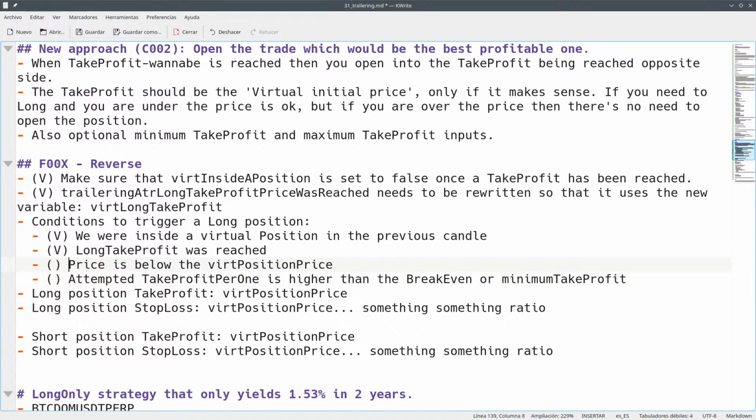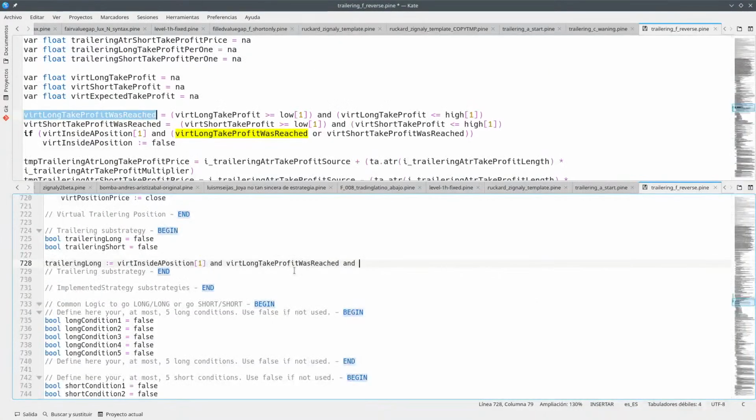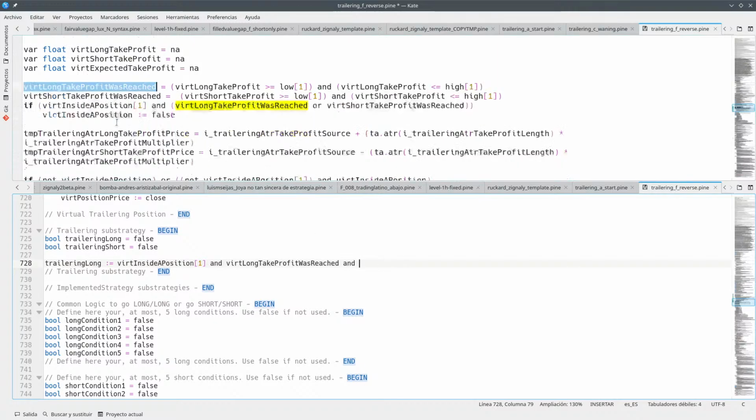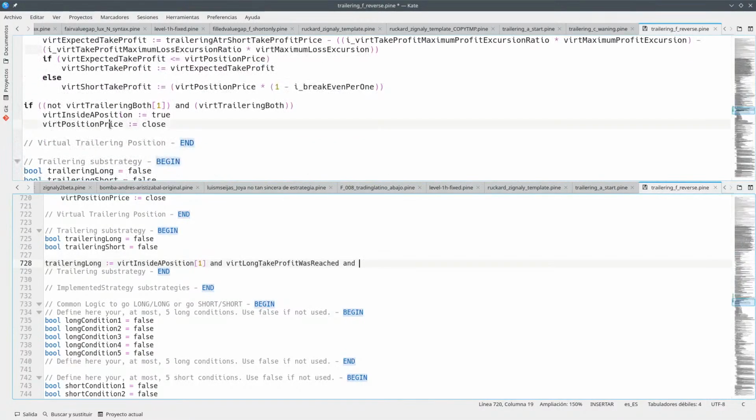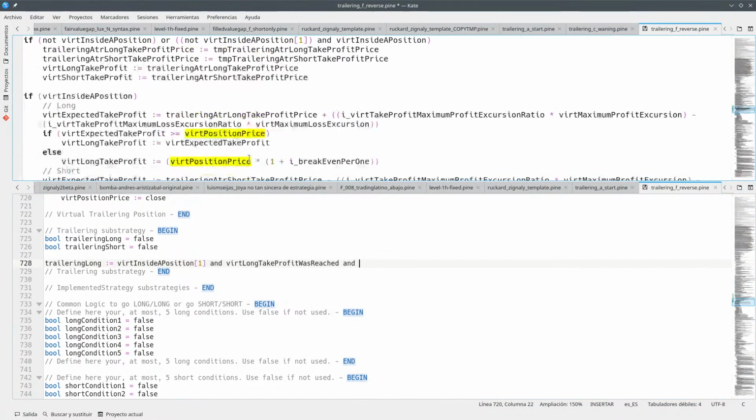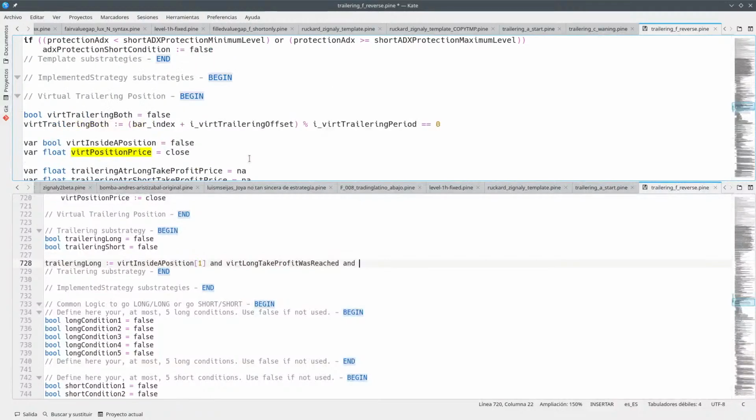Price is below the mid position price. Let me see. And does the bear position price get somehow reset then? So bear position price. So close is under this bear position price. Okay.